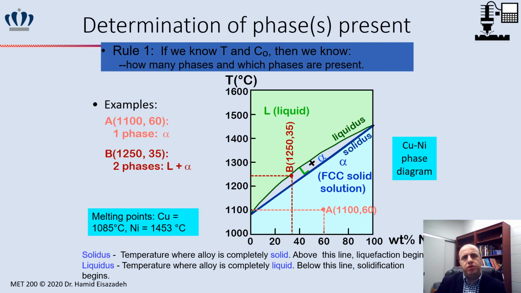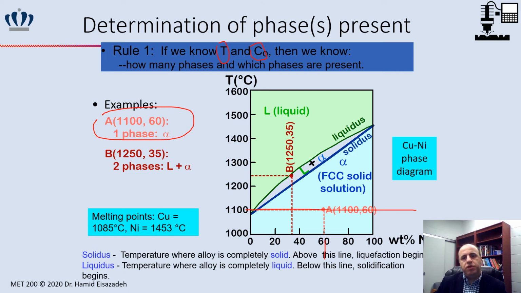If we have the phase diagram of a system, we can find out what phases we have based on the temperature and composition. For example, this is a copper nickel phase diagram, and then we have one point. The point is 1100 degrees Celsius. We can draw a horizontal line, and then it says 60% nickel.